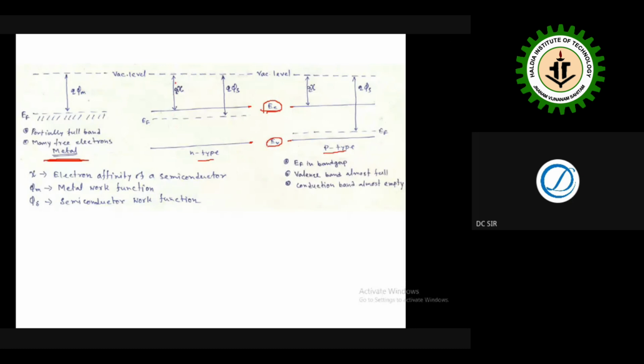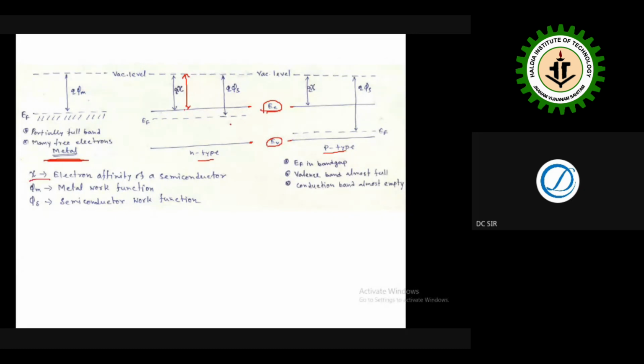So the total energy is q chi, from this point to this point, the difference between the conduction band and the vacuum level.